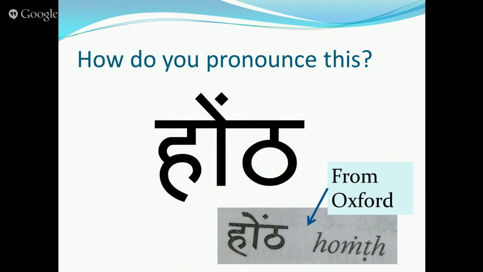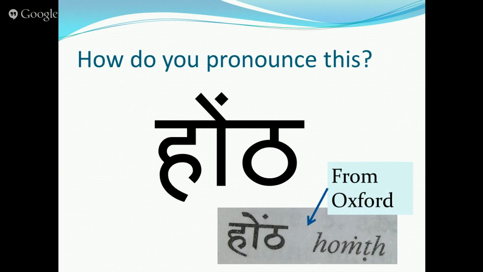It is the correct way to do nasal vowels. So here, what do we see? We see an M with a dot. And what do we know about the Oxford English Dictionary? That the M with a dot over it means a nasalized vowel that precedes. And so this actually is a nasal vowel. This is not hont, it is hont.